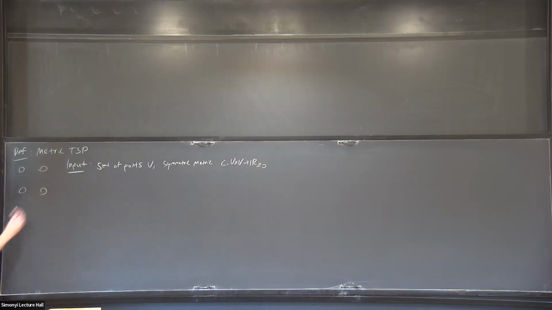Yeah, so here's an example input. And again, I'm just going to always think of a complete weighted graph. So maybe all the edges have cost 1, except this edge has cost 2.